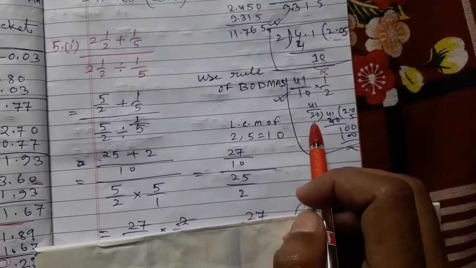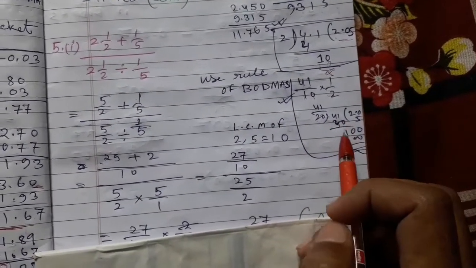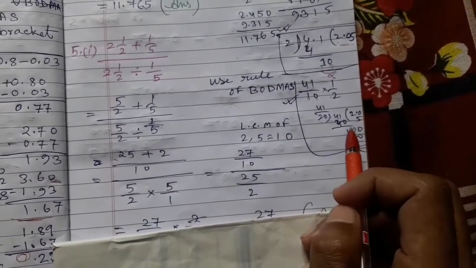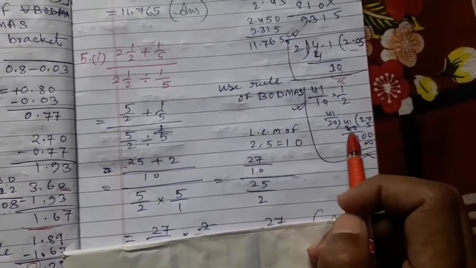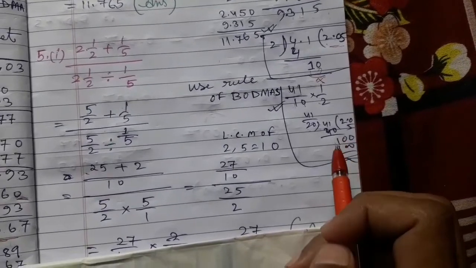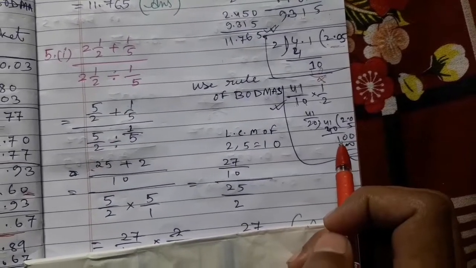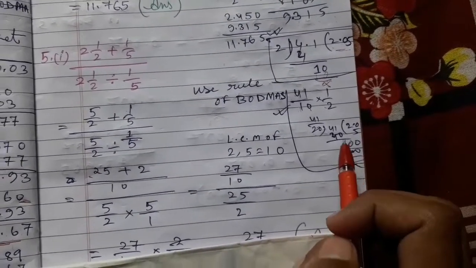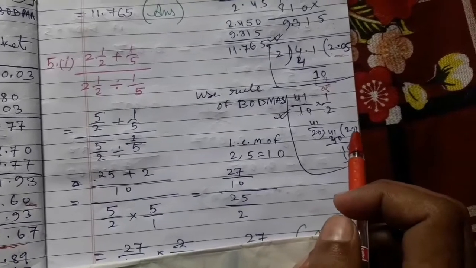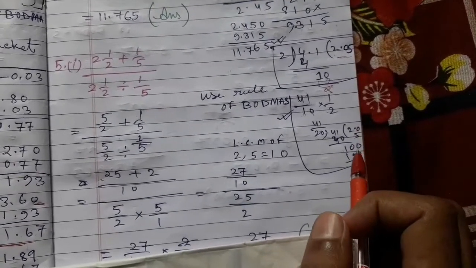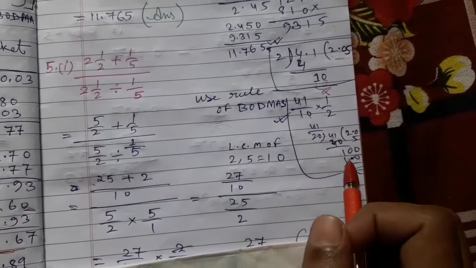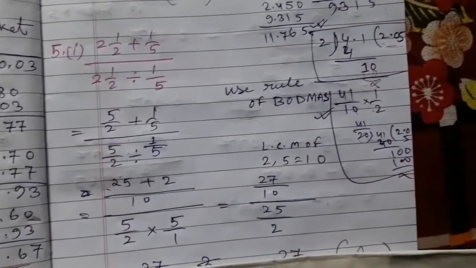We have to divide: 20 into 40, subtract, 1, decimal, 0. We cannot divide, so put a 0 and put a 0. 5 times 20 is 100.